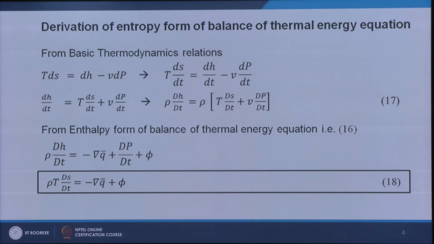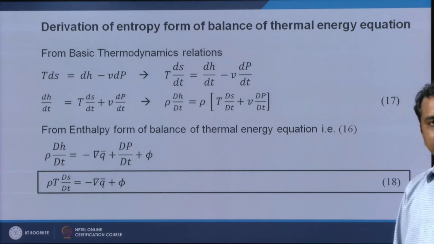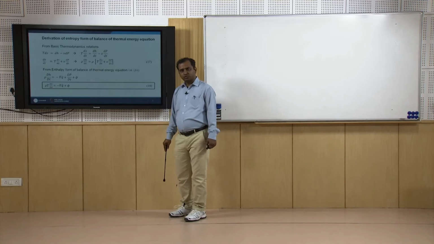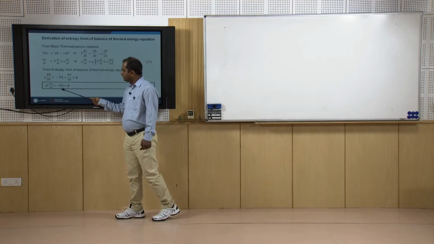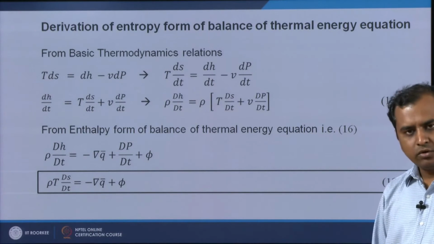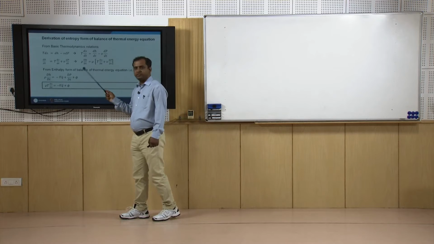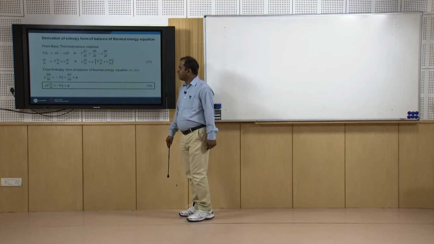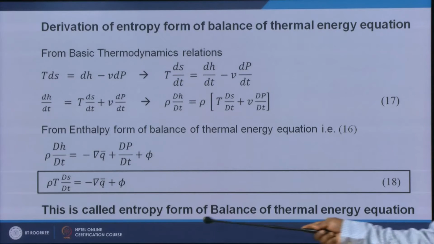In the left hand side we have the rate of change of energy in storage in the form of entropy. In the right hand side the first term is energy in transit via heat transfer, and the next one is viscous dissipation. Okay. So, this equation we will be calling the entropy form of the balance of thermal energy equation.